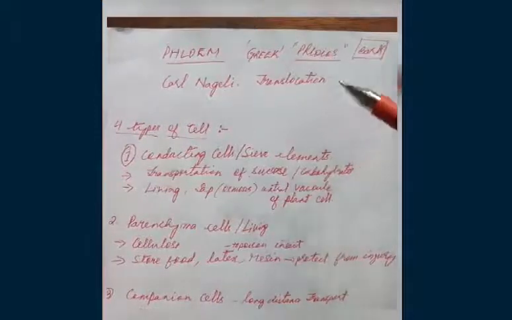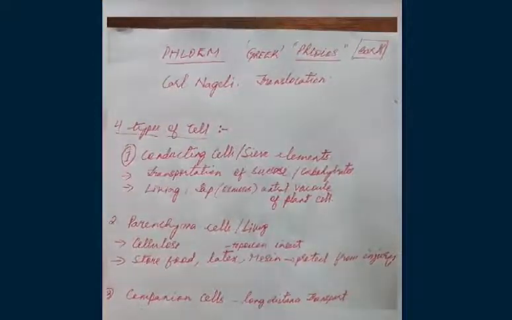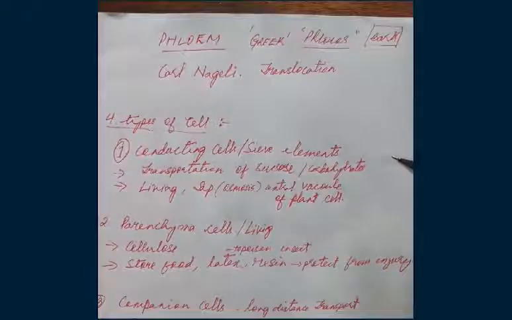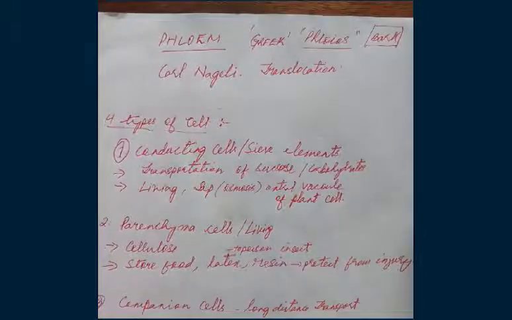And now we are going to study what types of food and nutrients this phloem transports, and what are the four types of cells present inside the phloem. Where will you find this? You will find these types of cells in the root tips, the leaves, and the fruits.